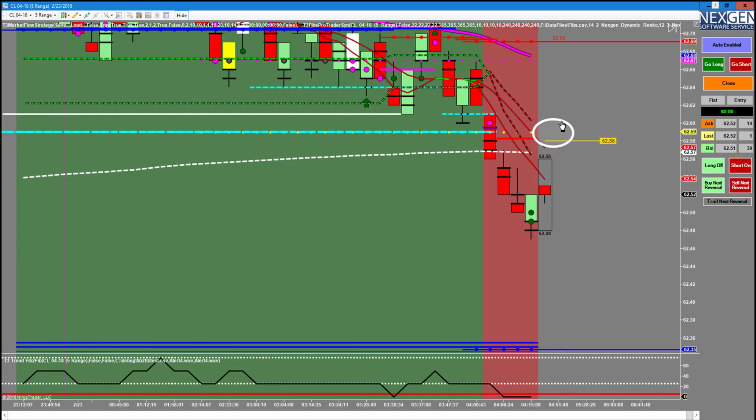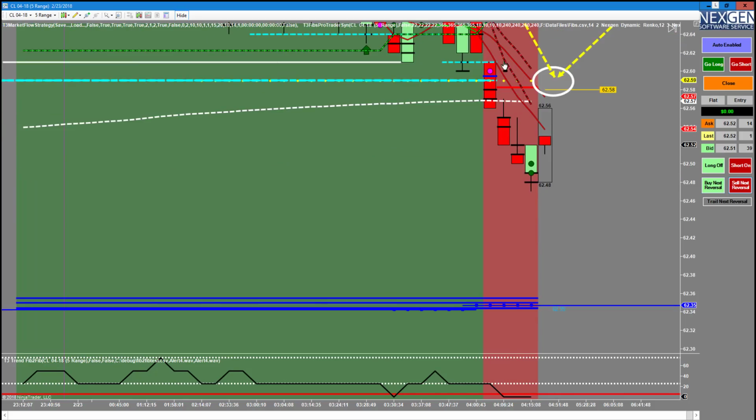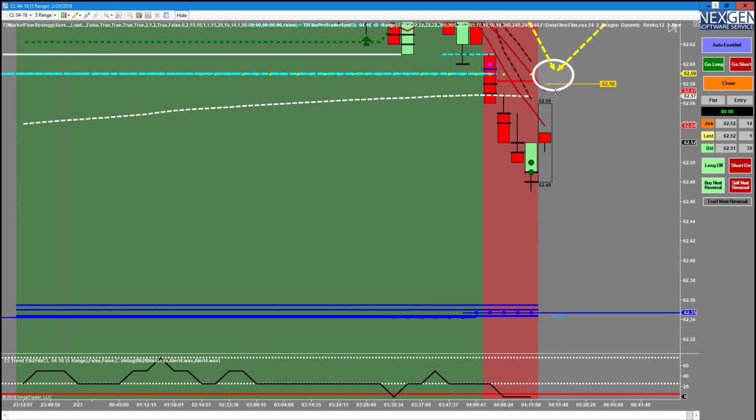I predicate this with: you have to know what the right spot is by reading your fibs and triggers. The trading portion of what we do doesn't really come into play until you've studied reading your fibs and your triggers and understanding the rules and knowing where and when it's appropriate to turn on the strategy and wait for an entry.